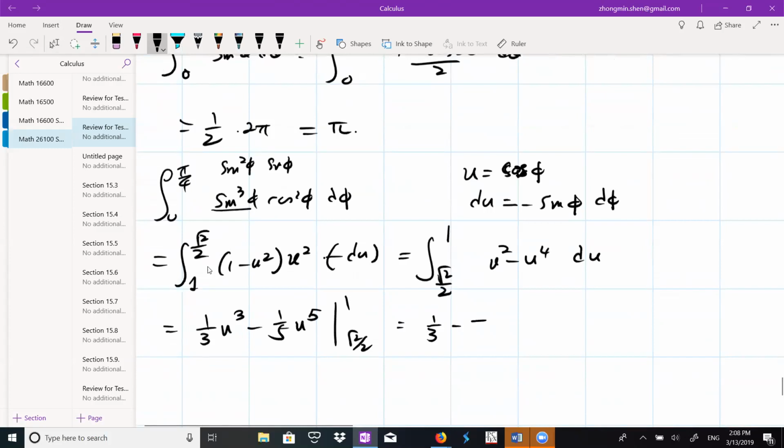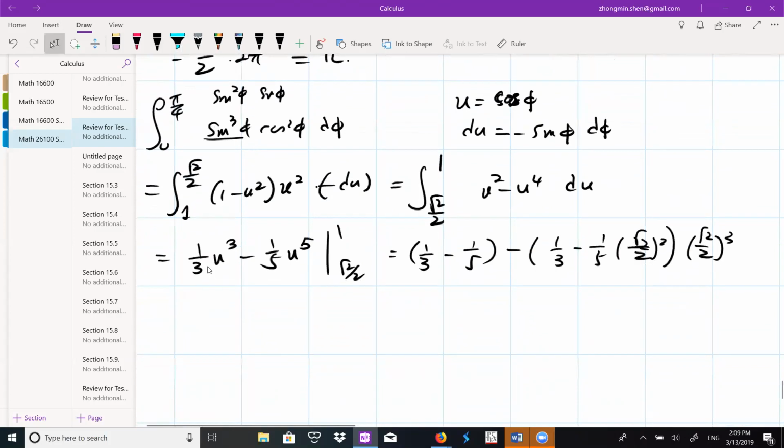So take the antiderivative, then you simplify. I take a u cubed out, then you combine them and get a simplified expression.